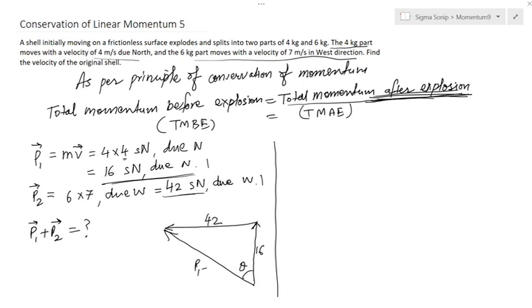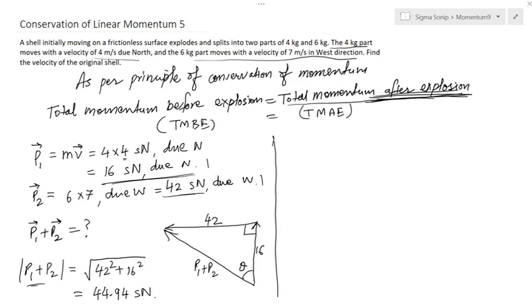This is the length of my P1 plus P2 vector, and if I want to be very particular, I'm just talking about the magnitude of the vector. As per Pythagoras theorem, because this angle is 90 degrees, 42 squared plus 16 squared gives me 44.94 kg m/s.